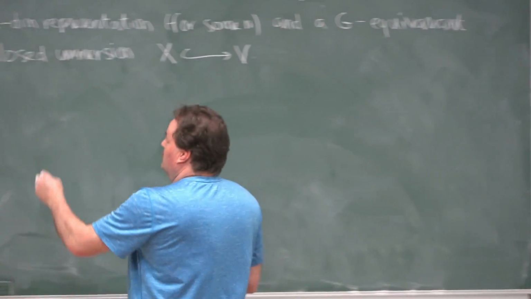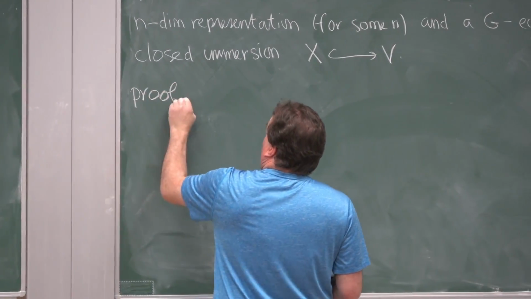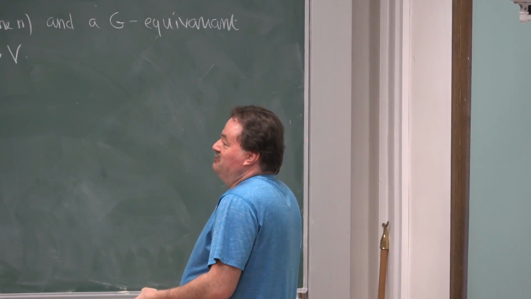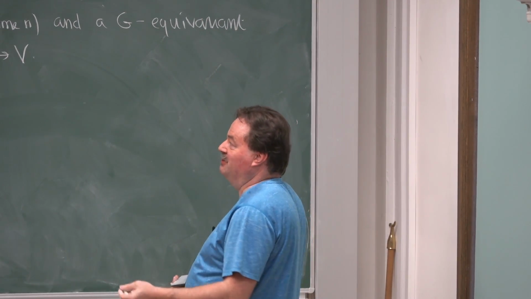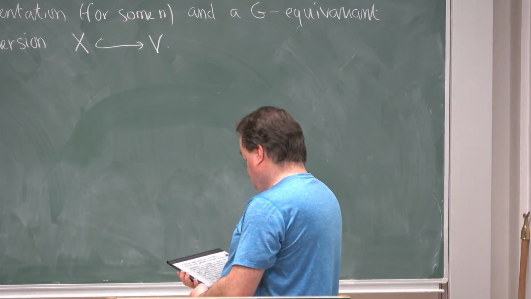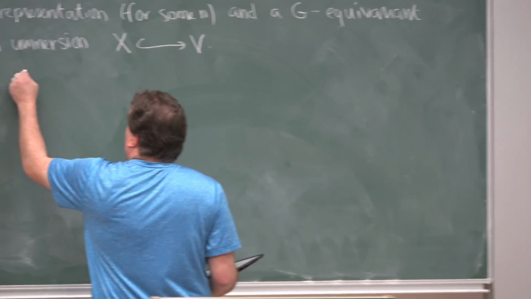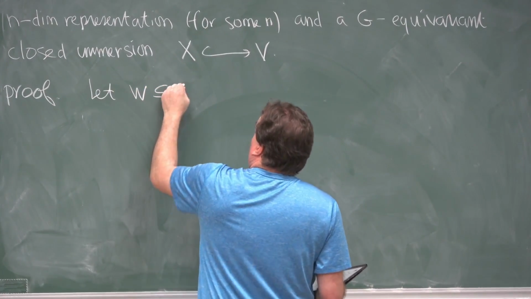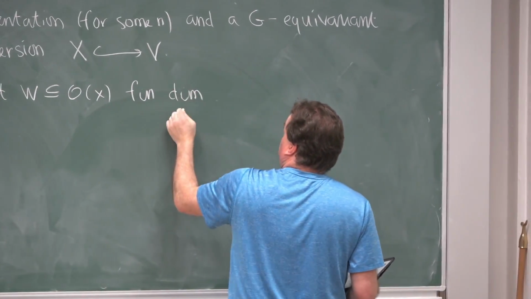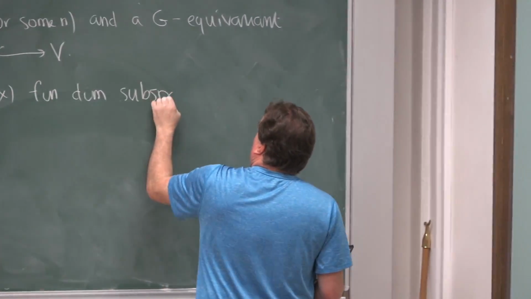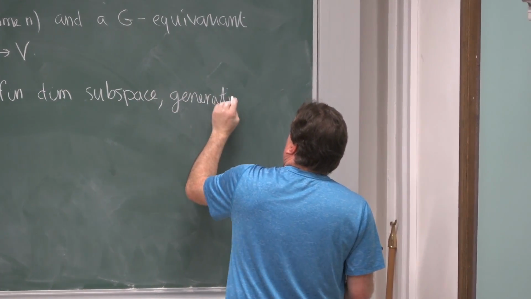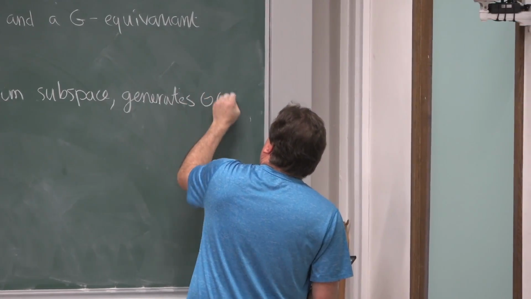So the proof is as follows. I'm giving the proof because if you want to do computations, you might need to construct this explicitly. So how do we construct that? Let W be a finite dimensional subspace that generates the coordinate ring.